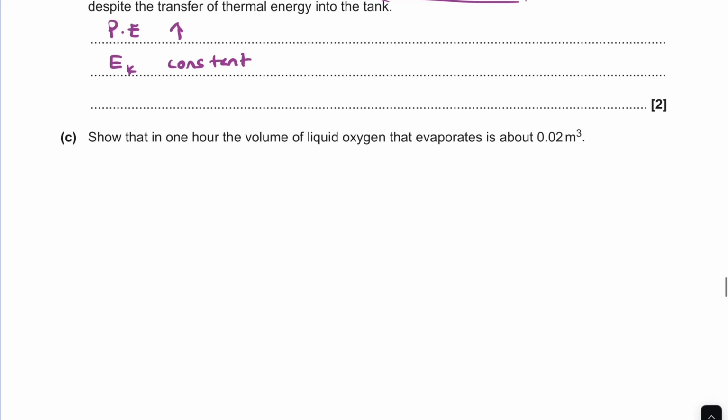Part C, show that in 1 hour, the volume of liquid oxygen that evaporates is about 0.02 meters cubed.